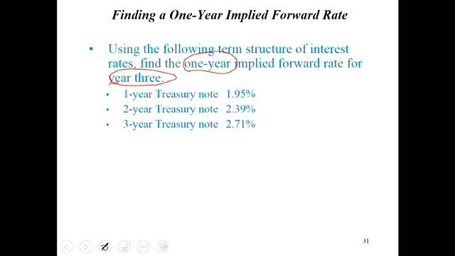So we've taken the information we've had in the market today and worked out what is implied by that for the future. Okay. Any questions on that? People are all happy. Right.